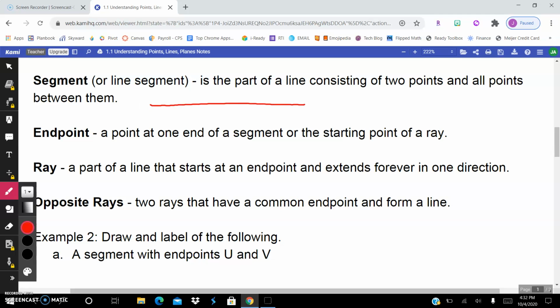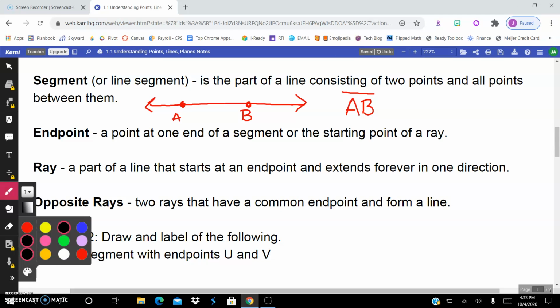So if I draw this line here, and I have 2 points on it, and let's call them A and B, and I want to say segment AB, I would call it AB or BA, it doesn't matter. And then it just gets a straight line, no arrows, because we are only talking about the piece between the 2 points. That's the line segment here.